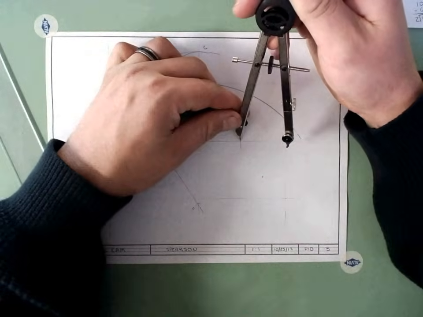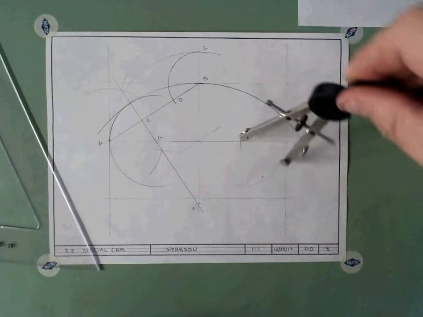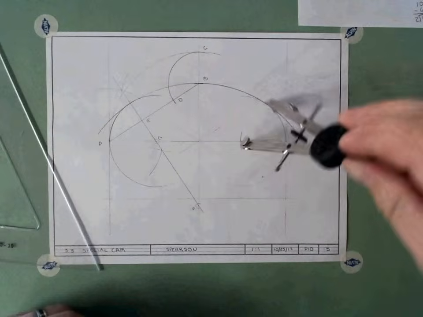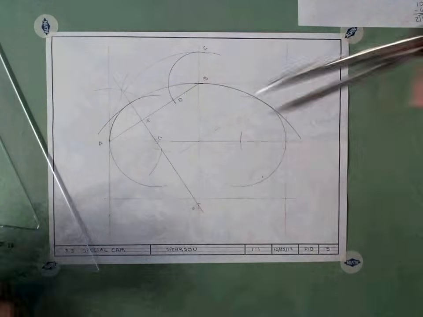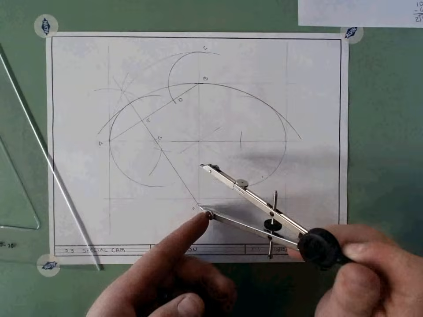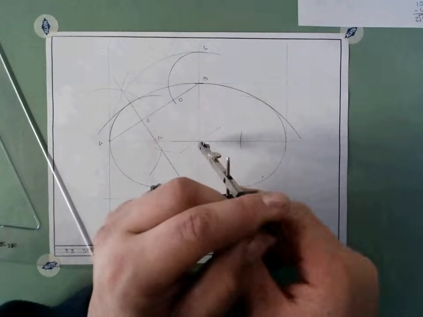And then I'm just going to simply flip this compass around, stab the center, and I'm going to draw my arc. Boom. Let's see if I can darken that up for you guys. Boom, there it is. Now, what I'm going to do next is set point F to the center of my object.